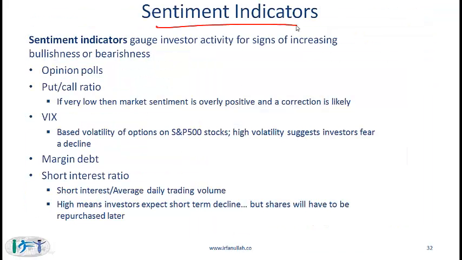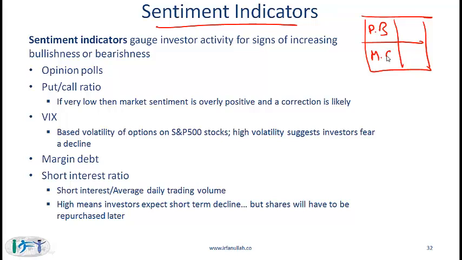Moving now to sentiment indicators, and again to connect with the four kinds of indicators that we talked about. We talked about price based, and then the four kinds of momentum oscillators, which are also based on price. And now we are up here with sentiment indicators.